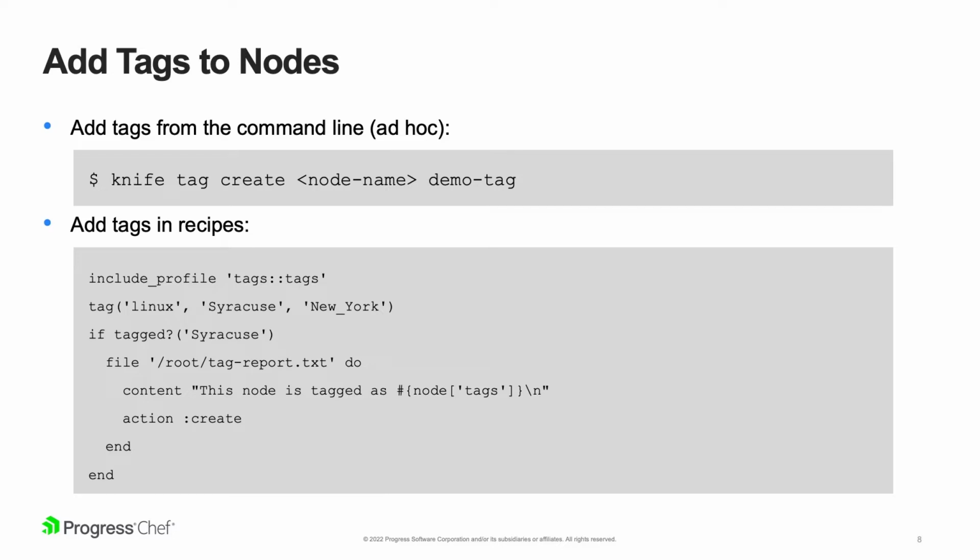If I had a web recipe to create a Nginx web server, for example, I could say, hey, if it's running this version of Nginx, do this particular action. If I say, okay, I've tagged it with Syracuse, New York, and Nginx or Linux, then only do these things, and it won't apply to those machines that might be in a different data center, or different location, or have some other function.